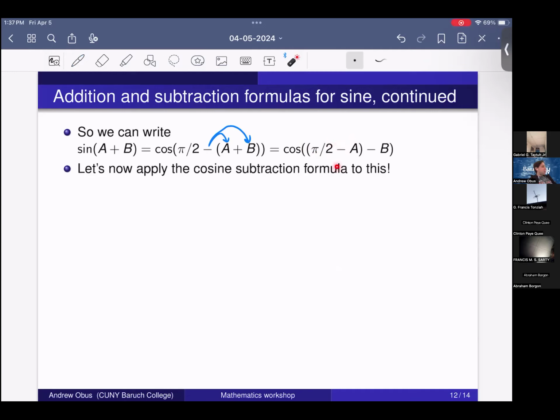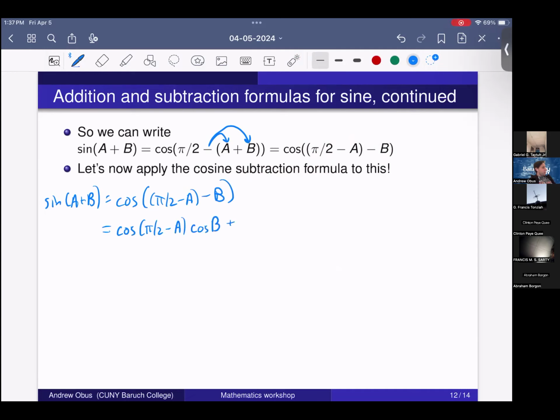So now I'm just going to use the cosine subtraction formula again, right? So we have that sine of a plus b is equal to cosine of (pi over 2 minus a) minus b. And by our subtraction formula, what is that? Well, it's just cosine of (pi over 2 minus a) times cosine of b plus sine of (pi over 2 minus a) times sine of b.